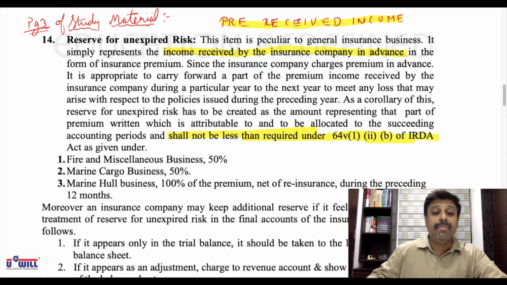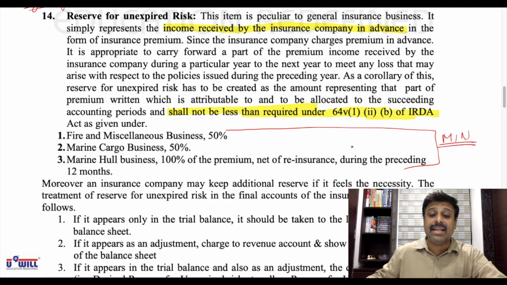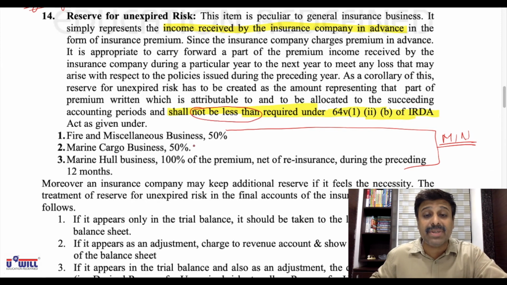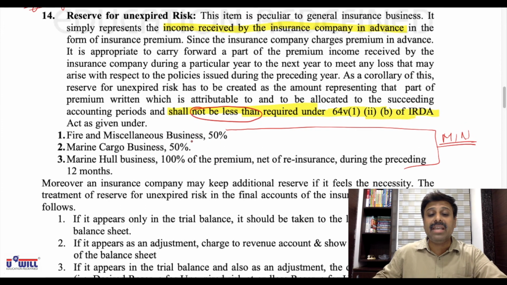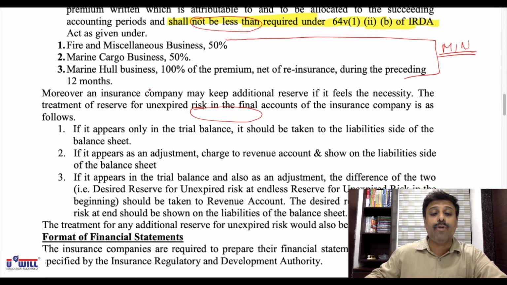It means a minimum percentage of reserve is to be created. Companies can create more than that, but not less than that. You have to remember these percentages, because even if not given in the questions, we have to follow the same percentage.